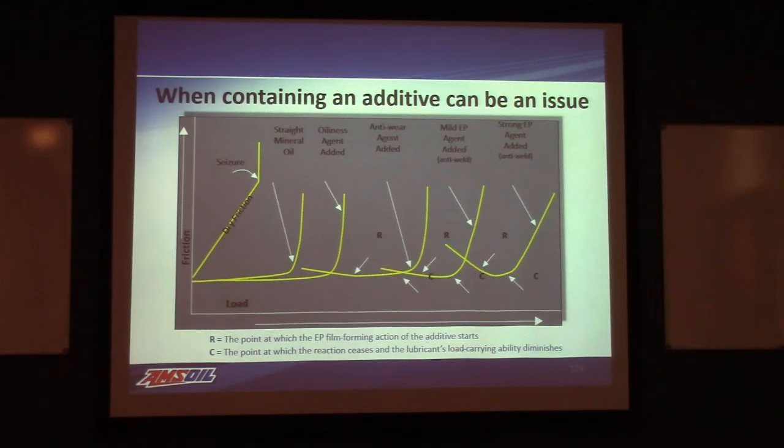So not only have you wasted money putting something in there that isn't providing additional benefit, it's actually presenting a negative. It's causing more friction than if you didn't have it in there. That's why I say, if it doesn't need it, don't put it in.